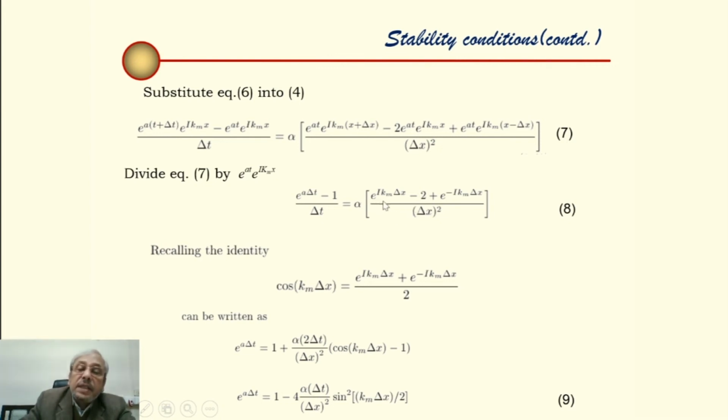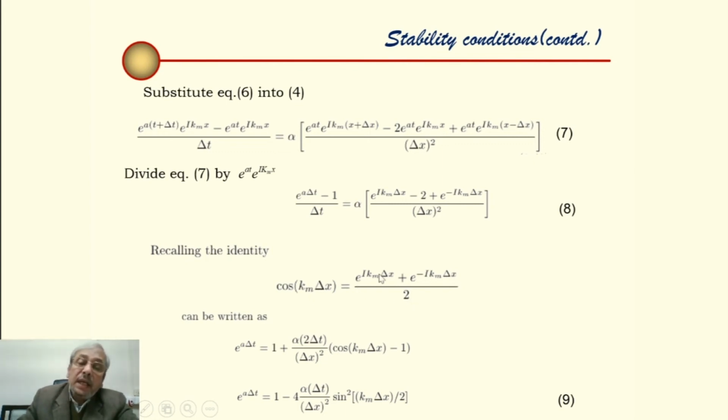Now this is e to the power some exponent plus e to the power minus the same exponent, that is, e to the power I km delta x plus e to the power minus I km delta x, by 2. This quantity is basically cos km delta x.